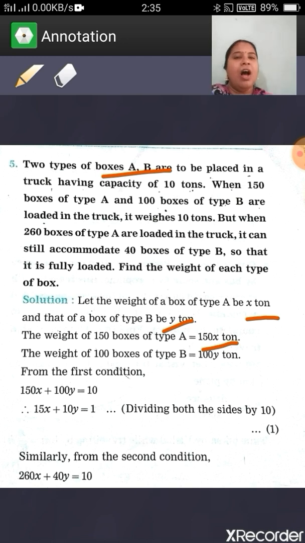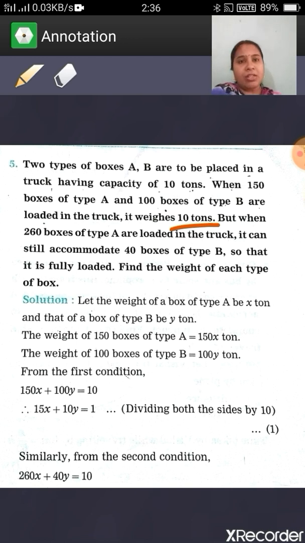There are 100 boxes of type B. If the weight of one box of type B is Y ton, 100 boxes will weigh 100y ton. Now after that, what they are telling us is that if such boxes are packed, the truck is fully loaded and it weighs a total of 10 tons. It means that 150x plus 100y is equal to 10.